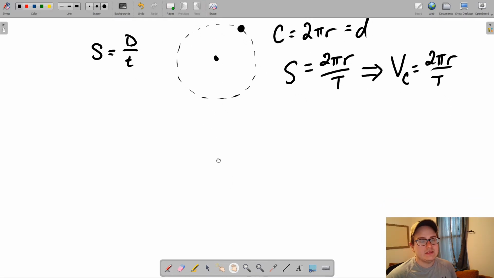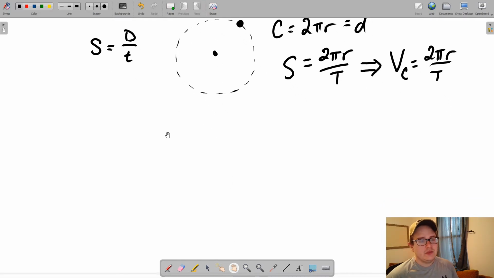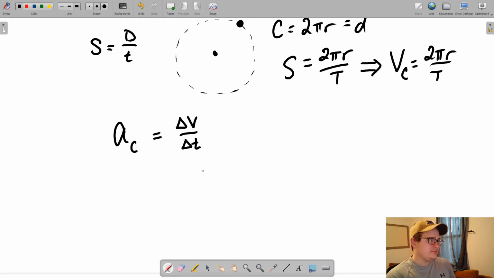So from there, we can go to the next step, which is mentioned on your reference sheet, and that is then acceleration. So we say acceleration is the change in velocity, and what we denote as centripetal acceleration is the change in velocity over your change in time. However, this doesn't necessarily compute super well when you're looking at linear and angular components.